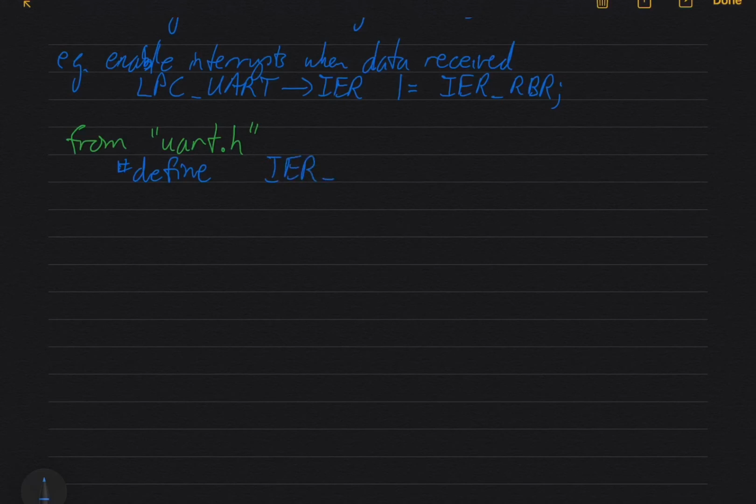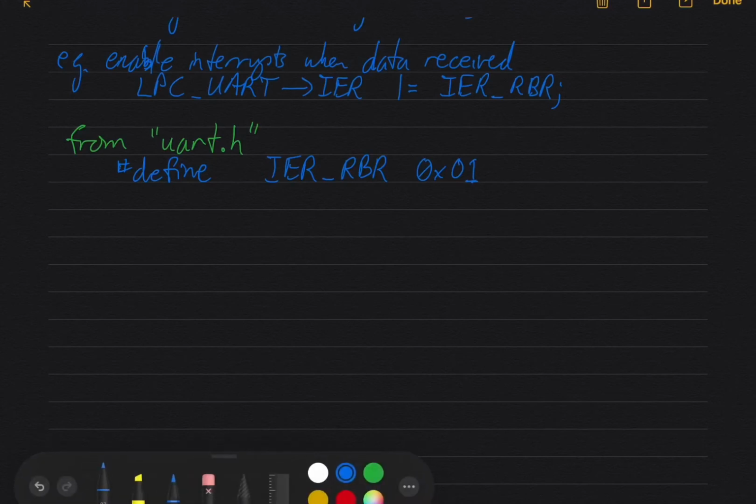IER_RBR, and then it uses a hexadecimal literal 0x01, and now it's still an integer literal, so it's actually going to be 32 bits, but we're going to be writing it to an 8-bit register.